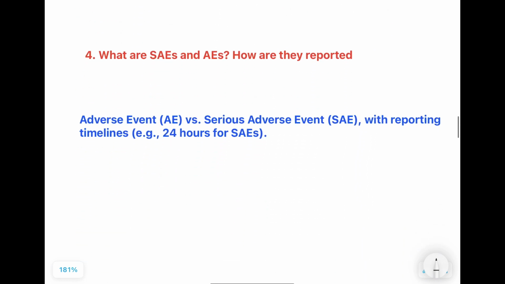Moving to our next question, again unavoidable. What are SAEs or AEs? How are they reported? Or someone can also ask you what the difference between AEs and SAEs is. So AEs and SAEs are reported with different timelines. SAEs are mostly reported within 24 hours, that is the timeline. AE, what is an AE?